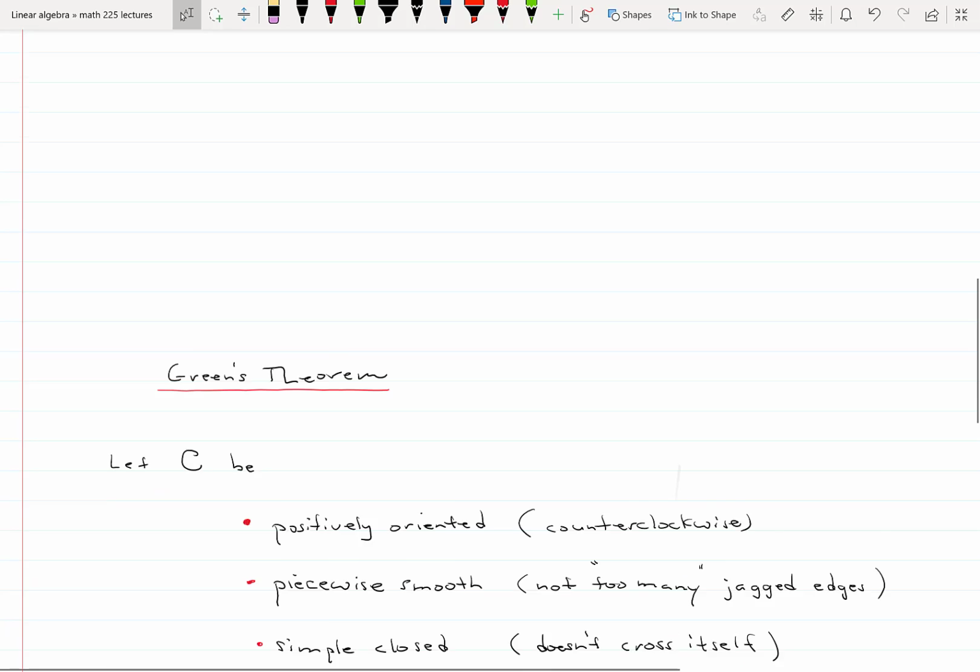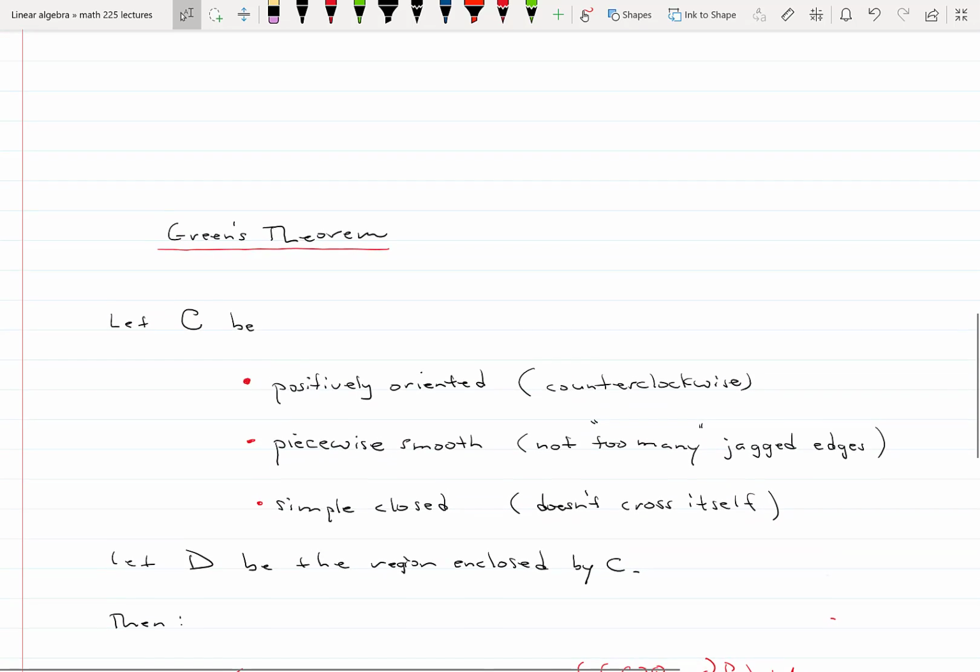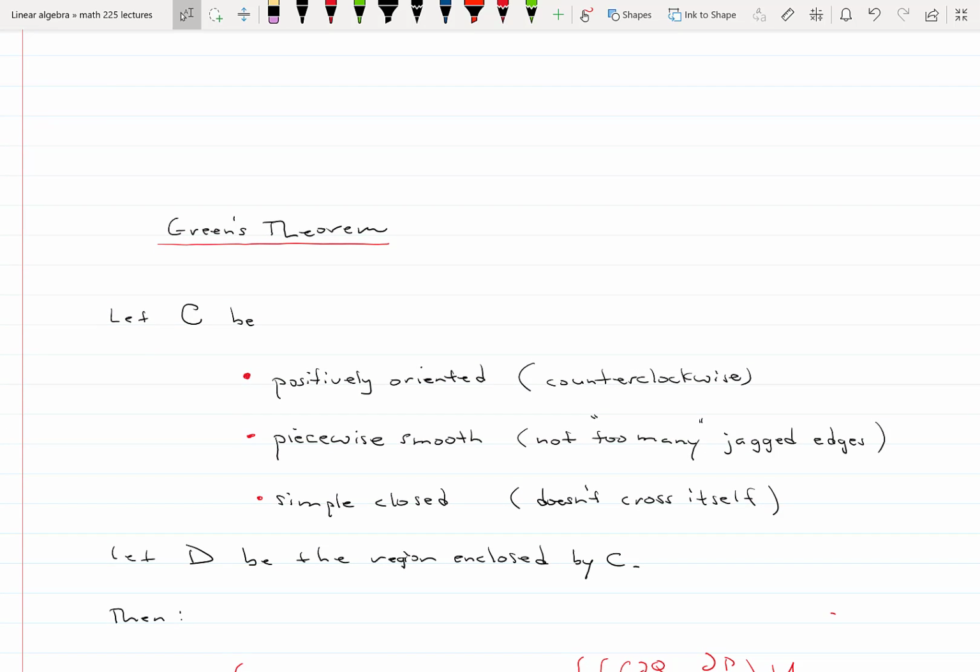It's called Green's theorem. Okay, so Green's theorem starts with a curve C. Some of the terminology in this description of the curve C is really important to concentrate on, and some of it isn't. So C we start out with is a positively oriented curve.